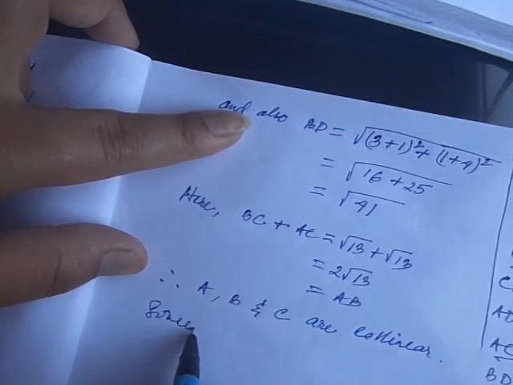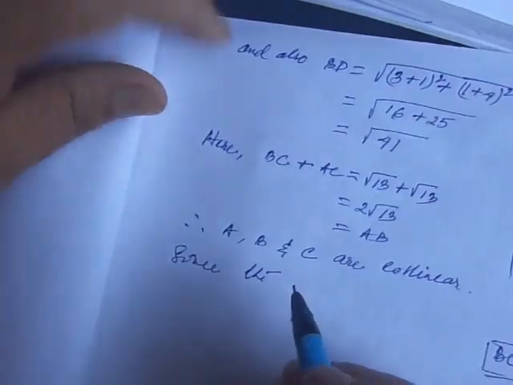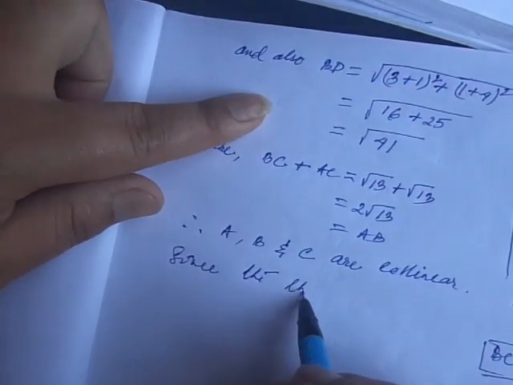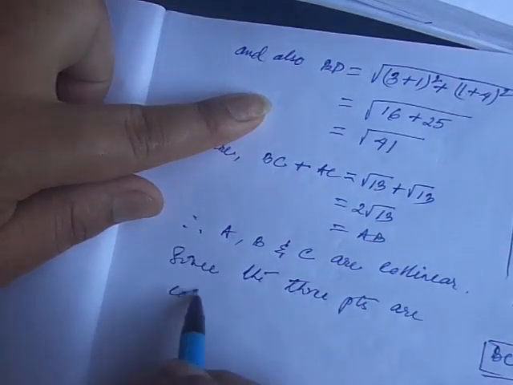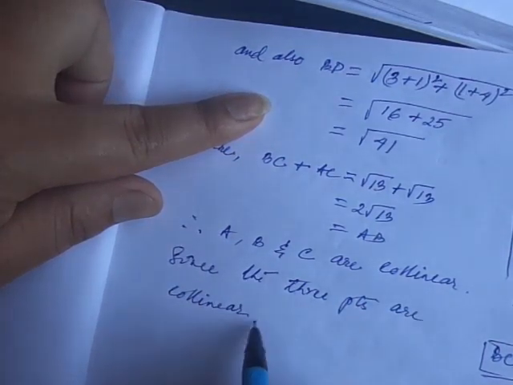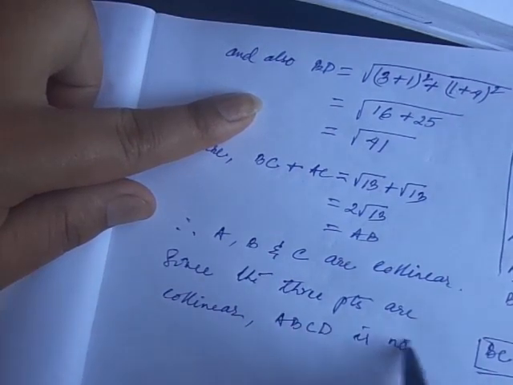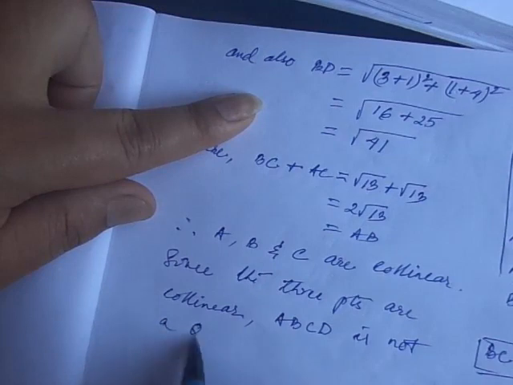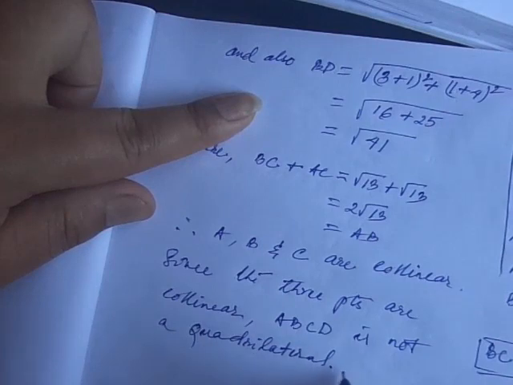Since the 3 points are collinear, EBCD is not a quadrilateral.